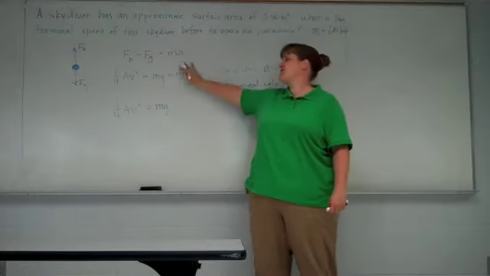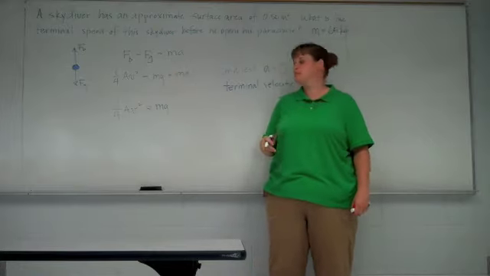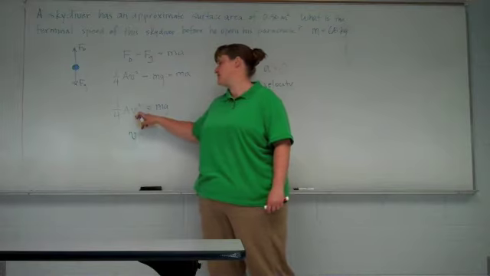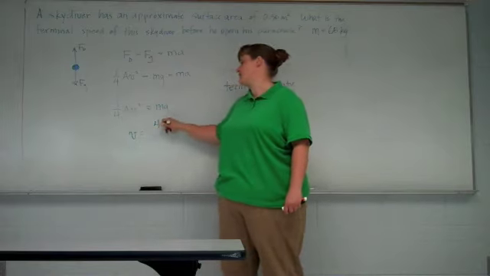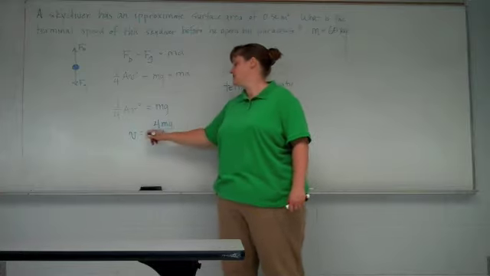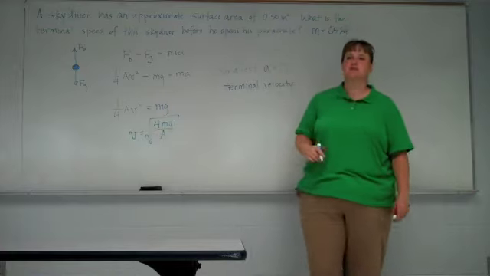If acceleration is 0, that term goes to 0, then the drag has to equal the force of gravity. So for his terminal speed, solving for v, we'll have the 4 over here with the mg. We'll divide by the area, square root it. That will be his terminal speed.